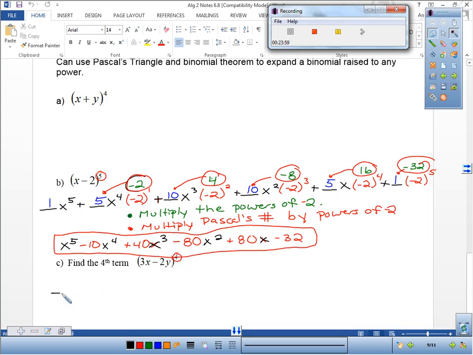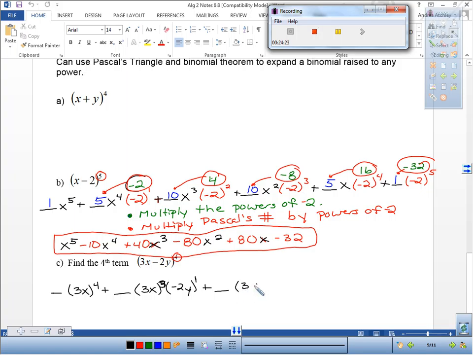I'm going to leave my blank. My first one will be 3x to the 4th plus my blank. I will get 3x to the 4th and then negative 2y to the 1st. Third, thank you. Go down by 1. Then plus my blank.